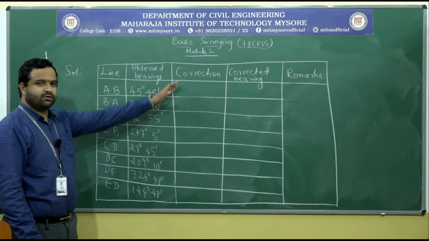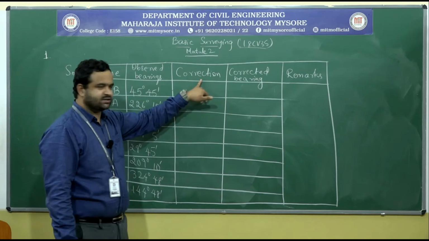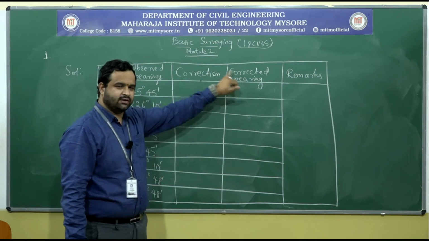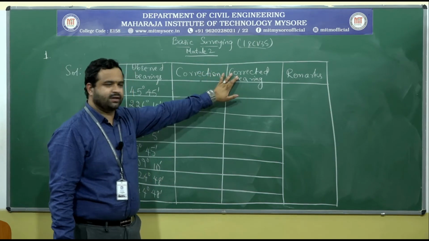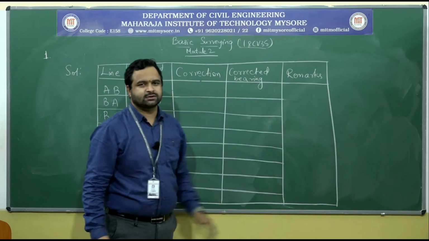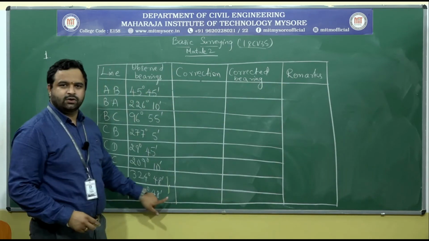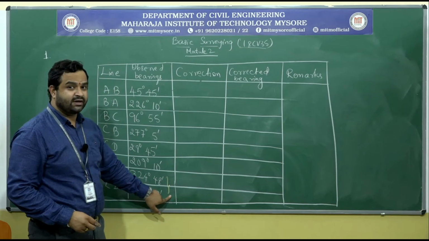The third column is correction, and the fourth column is corrected bearing, that is, after applying the correction, what is the corrected bearing, and the last column is the remarks column. So now you will get the difference exactly equal to 180 degrees.